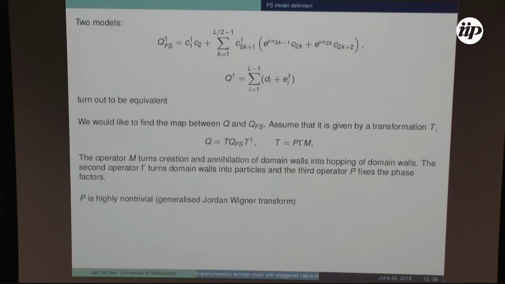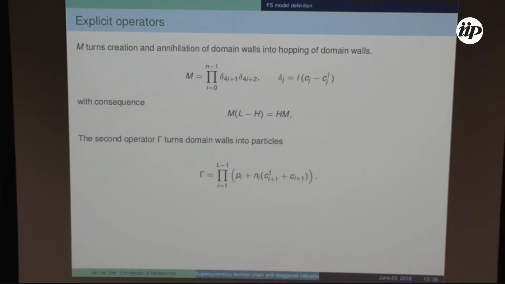Anyway, so we've got these two models with very different physical pictures and very interesting properties. Let me say something about the properties before doing that. So here's some explicit form of these operators. M is a product of differences of fermionic operators, so it has a very explicit form.